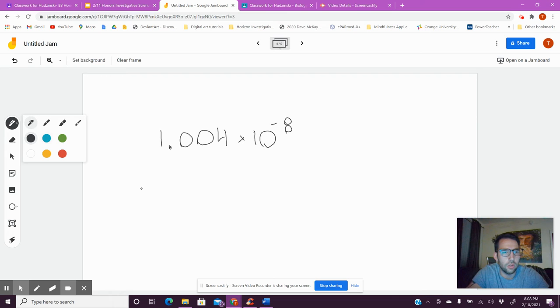My exponent is 8. It is negative, so I'm moving my decimal to the left 8 times. Okay, so it's 1, 2, 3, 4, 5, 6, 7, 8. There we go. Barely made it. But you can imagine there's a 0, 0, 0, all these little gaps.